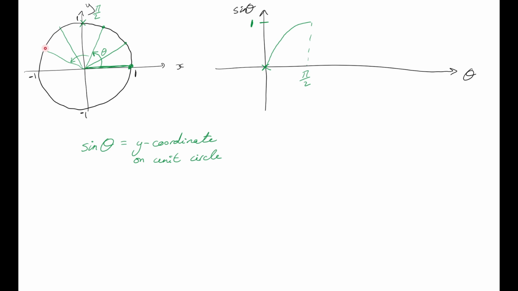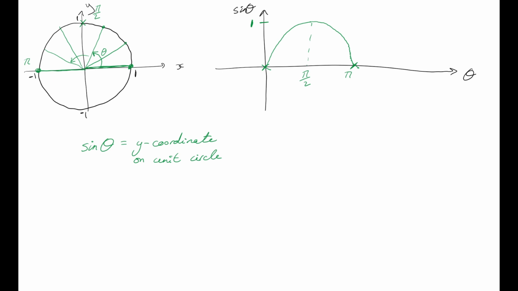And then as I continue to move around, my y coordinate decreases faster and faster until I get to here. So I get sort of a slow decrease and then a very quick decrease until I get round to here, an angle of pi or 180 degrees. And then again, we can see my y coordinate, or my sine theta, is 0. This is at pi.